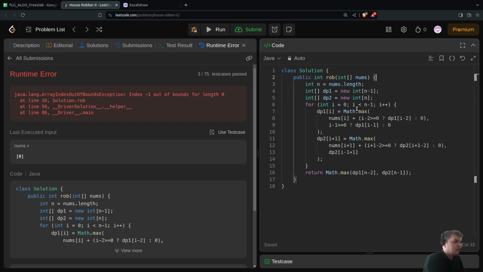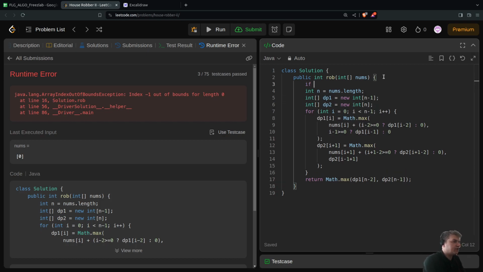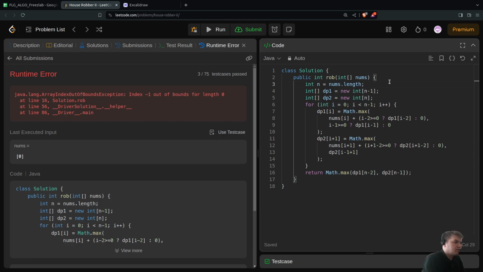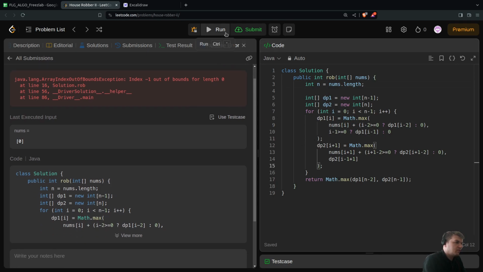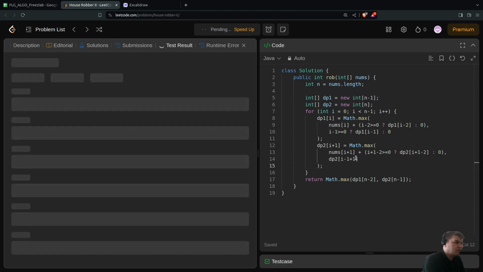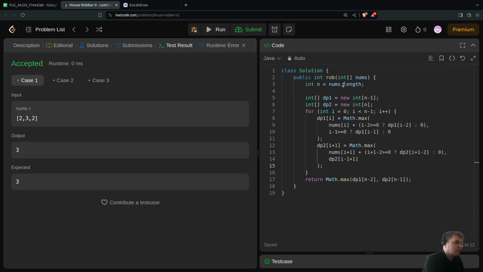Okay, so if there's one house, that's a good edge case. If n is going to be like this one, max, so where does it fall? It falls somewhere where i minus 2 is greater or equal 0.